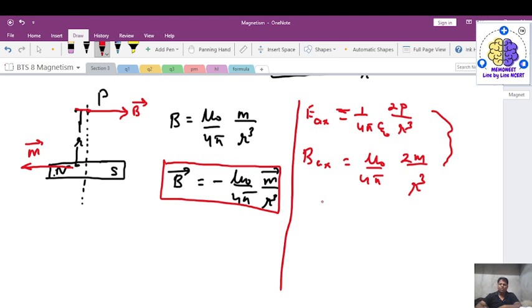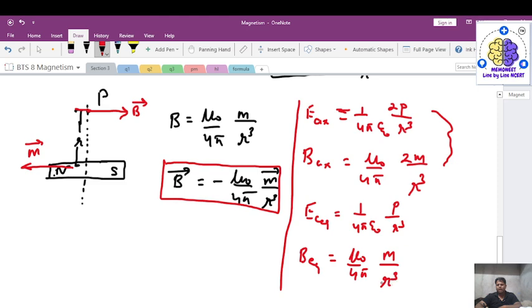And similarly for your equatorial line, that is E at equatorial line is equals to 1 by 4 pi epsilon naught p upon r cube. So here B at equatorial line is equals to mu naught upon 4 pi m upon r cube.